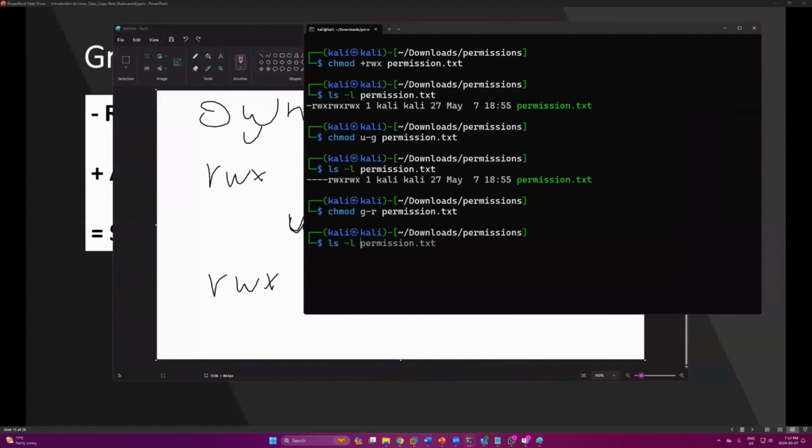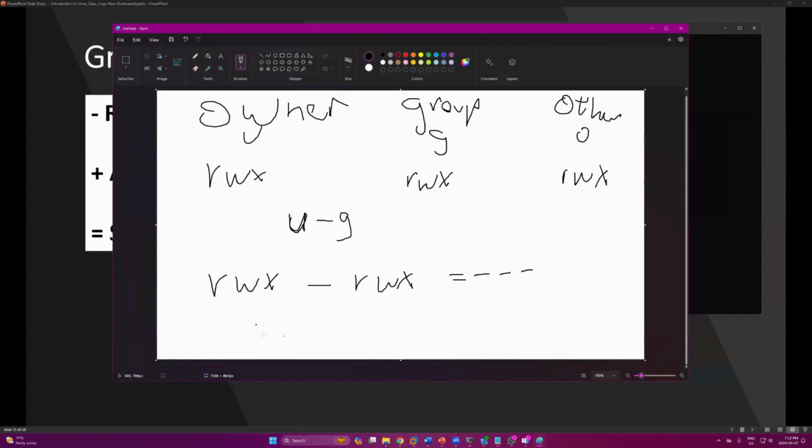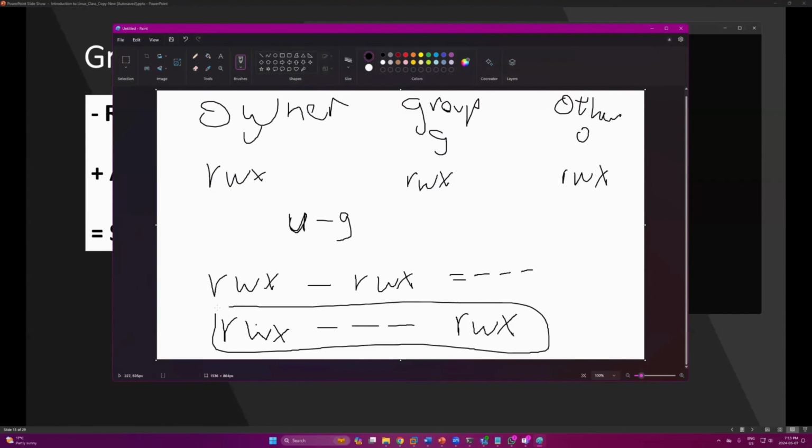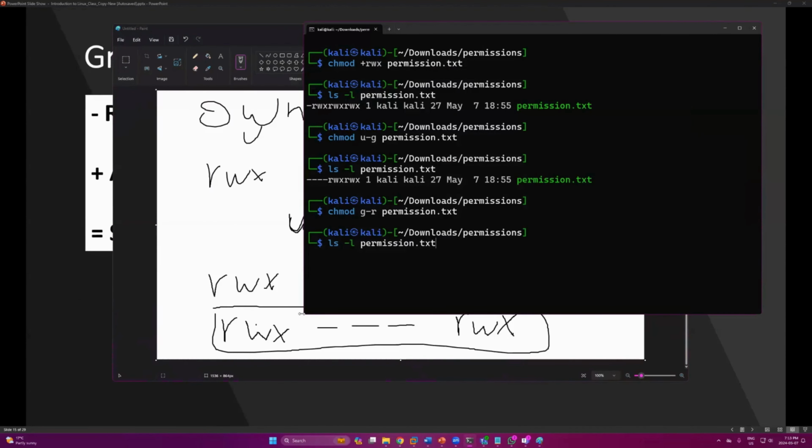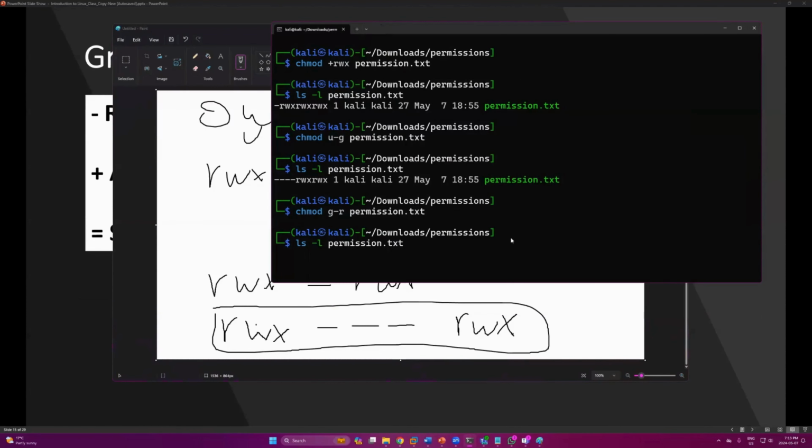So it's going to be RWX dash dash dash RWX. Is that the final answer that everybody agrees on? Team, what do you guys think?